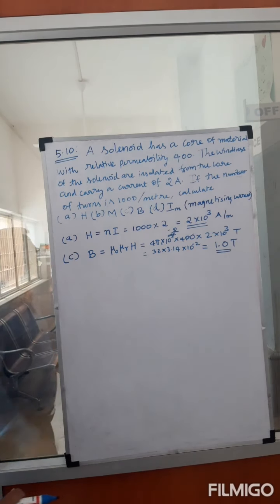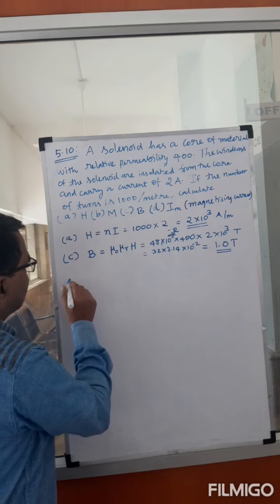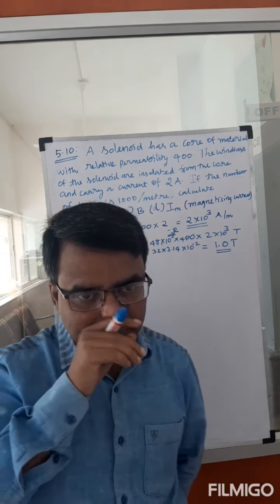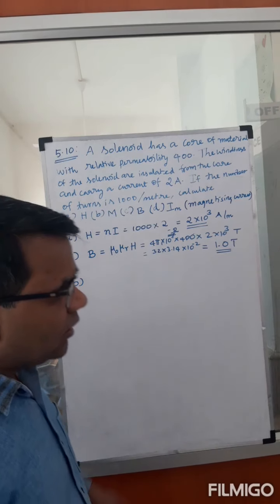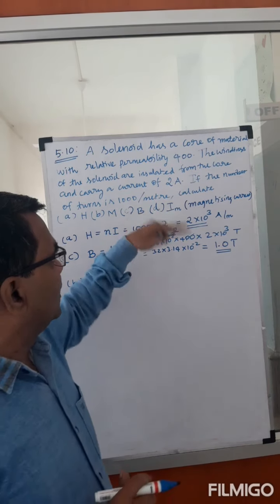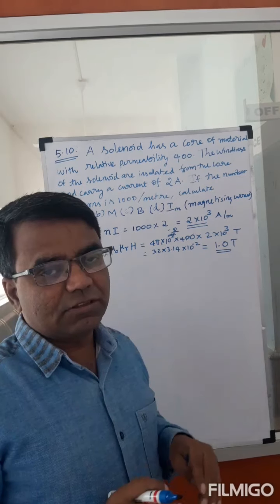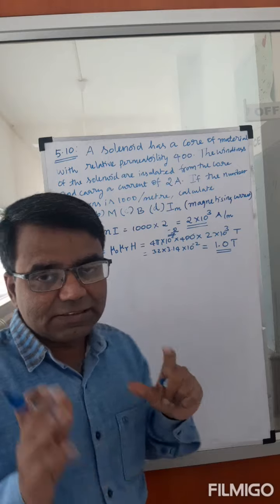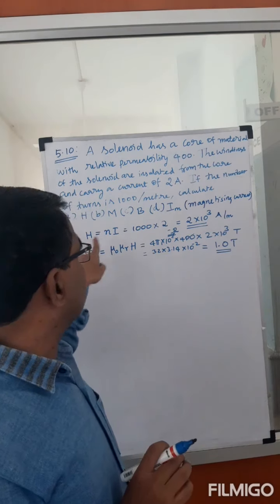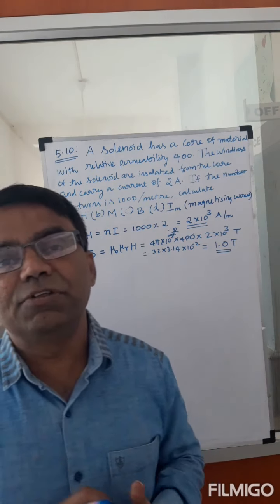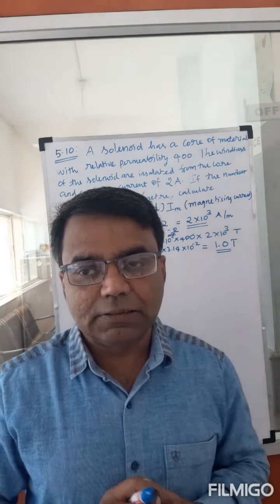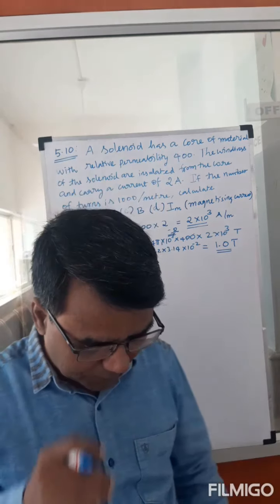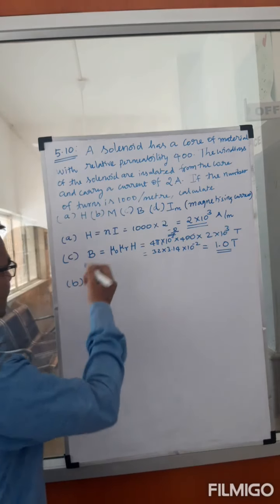Now let me come back and do B. So that's magnetization. How do you find magnetization first? I told you when we were talking about magnetization, I said magnetization and magnetic field intensity H, they had the same unit. We are going to use that idea to get to that. What does the magnetic field B?